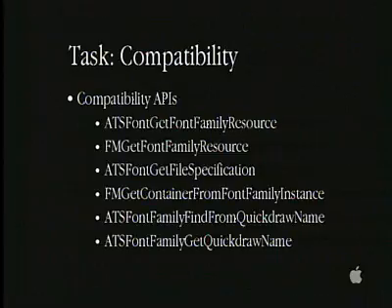And this is the API, or two APIs, HTSFontGetFontFamilyResource and FMGetFontFamilyResource. These APIs will provide to you the font resource, if available or synthesized, which you can then use with your normal methods from QuickDraw to apply kerning to pairs or to get the metrics.